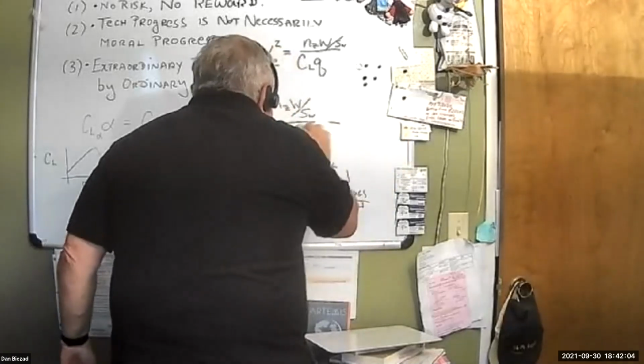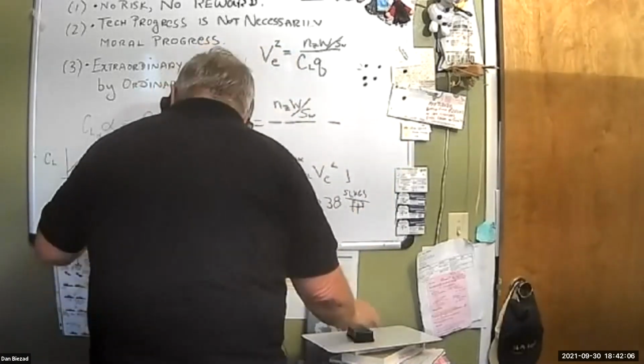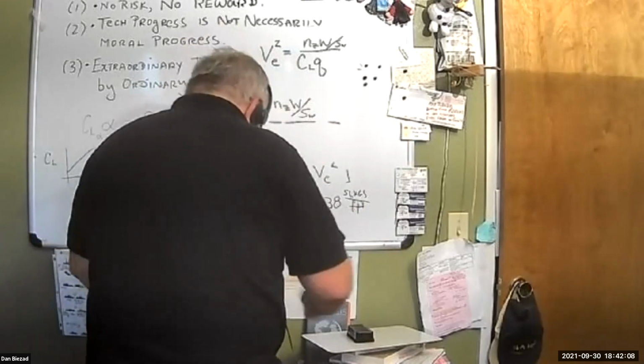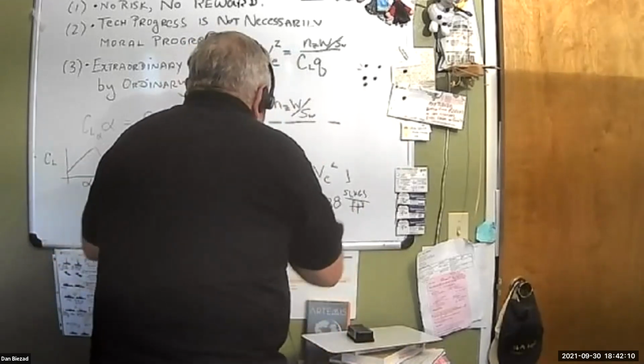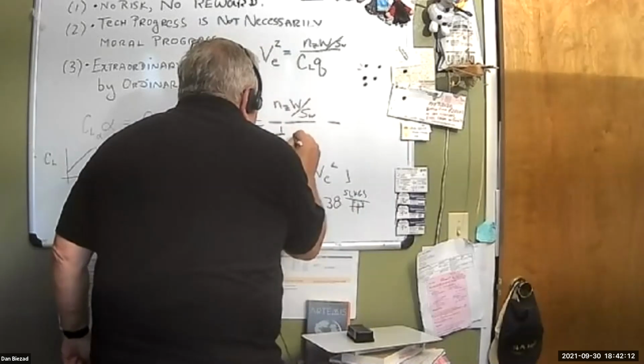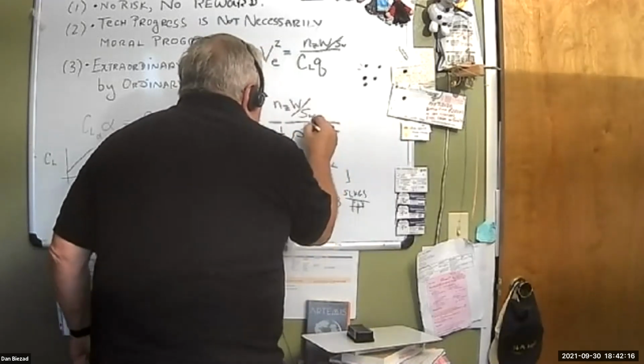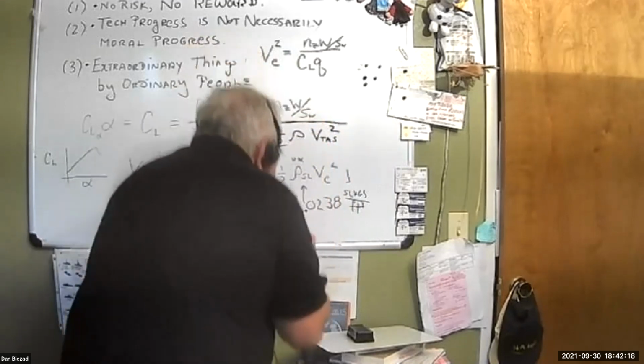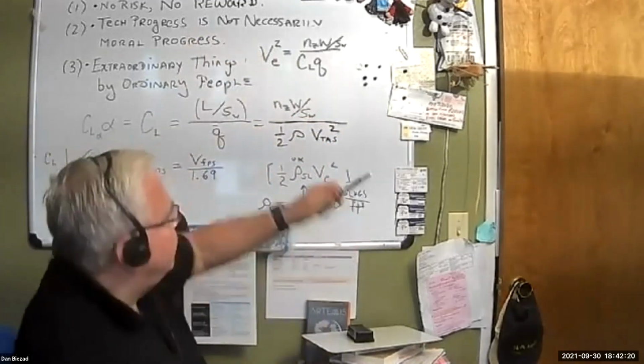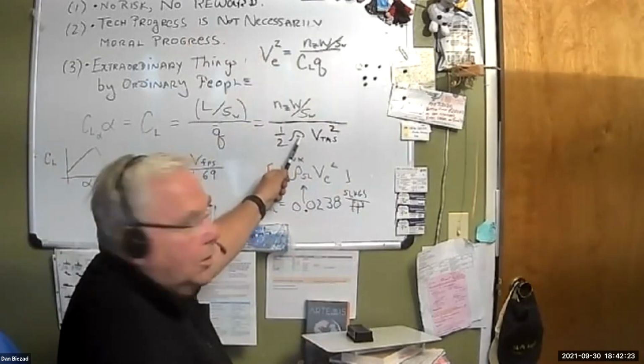I've got it set up with that one equation, and so this is 1/2 rho V squared. So if we're at 5,000 feet, this number has gone smaller.